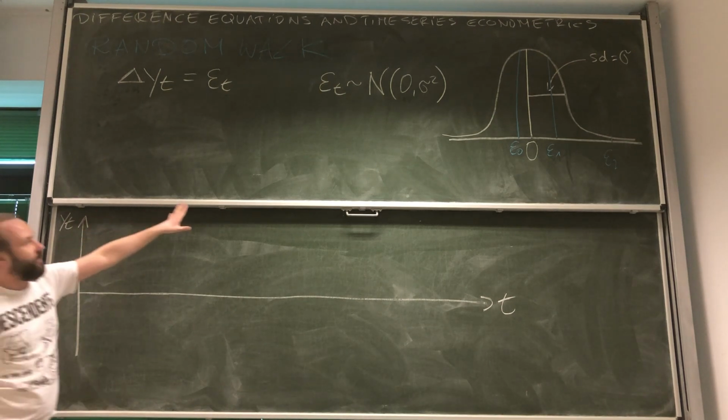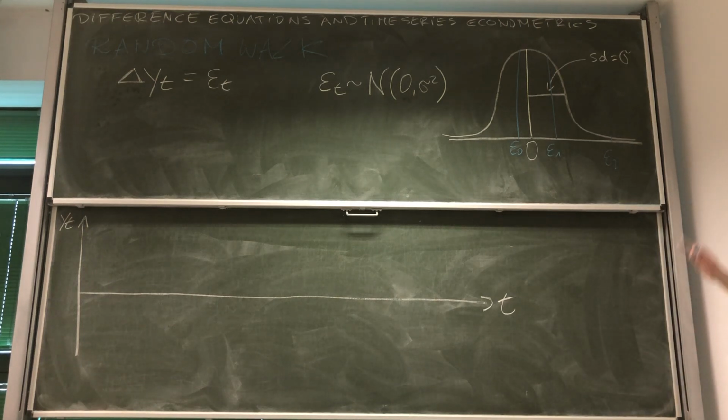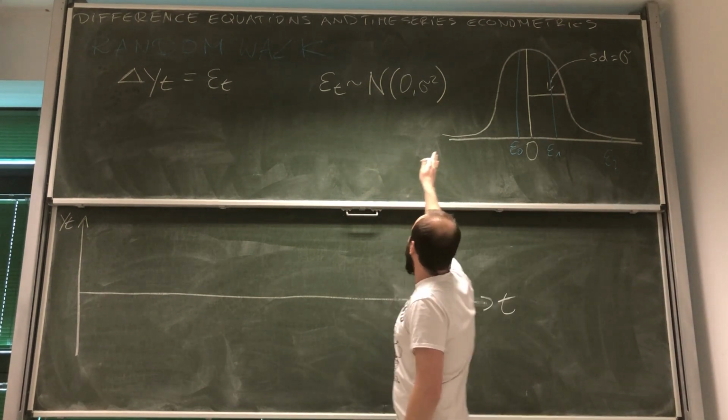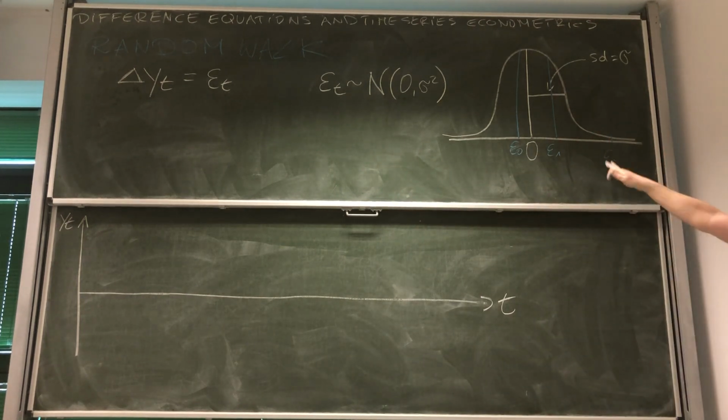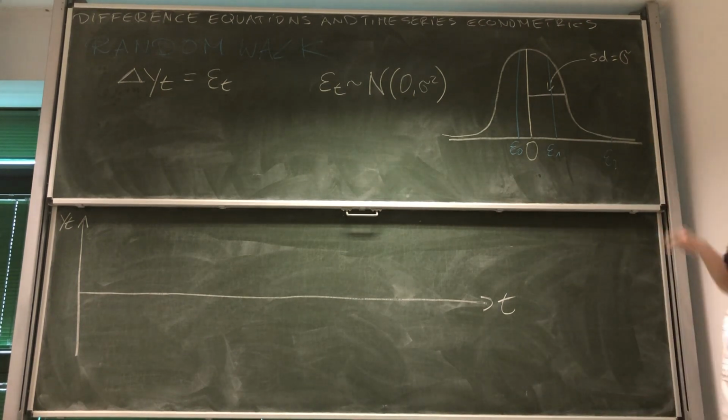We are assuming that at each period from 0 to t, there is a random disturbance that might happen, coming from the normal distribution with zero mean and standard deviation sigma.